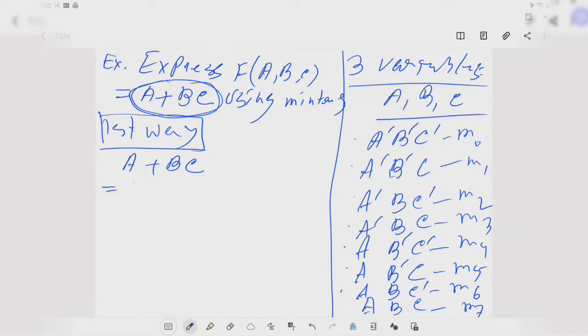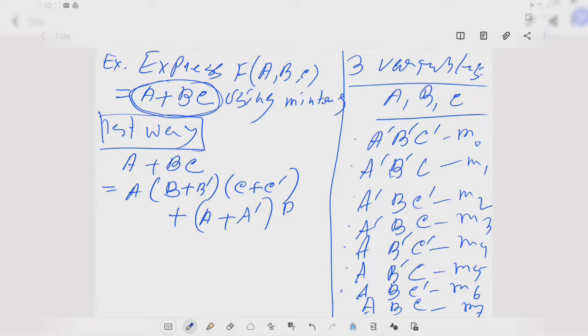Now here in a, b and c are missing. So we can write a times (b plus b prime)(c plus c prime), plus in b c, a is missing, so we can write (a plus a prime) b c.